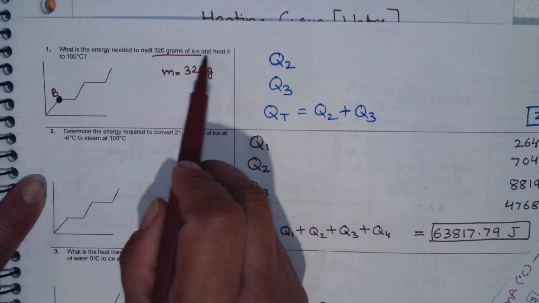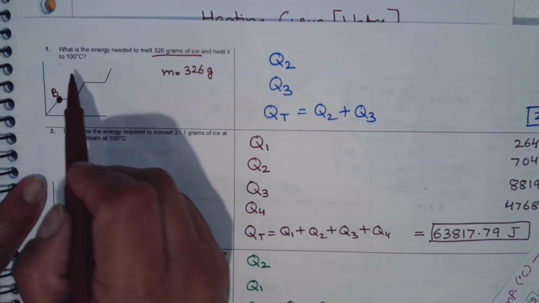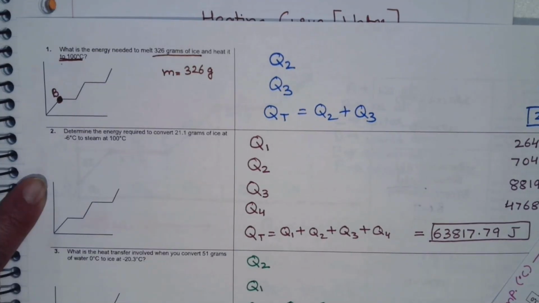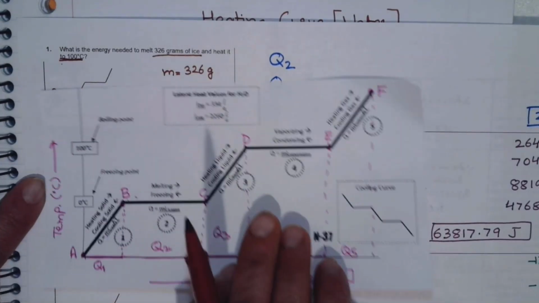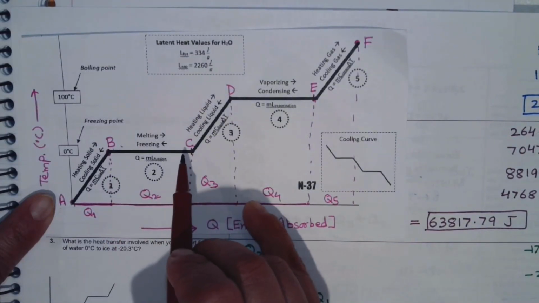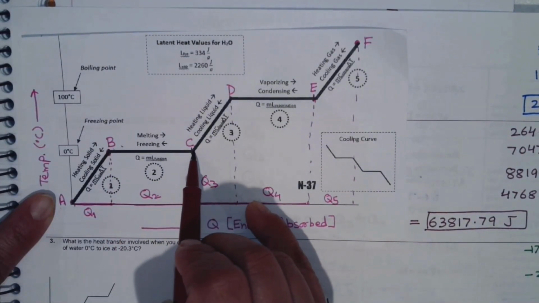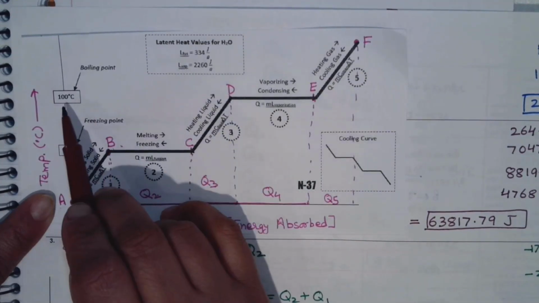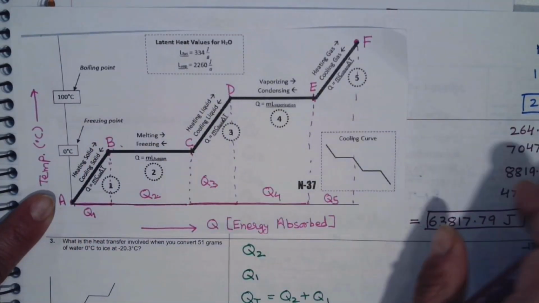Now we are heating the ice to 100 degrees Celsius. So that is our end point. Now where do we see 100 degrees Celsius? We start at point B. This is water at 0 degrees, and this is point D. This is water at 100 degrees Celsius, right?